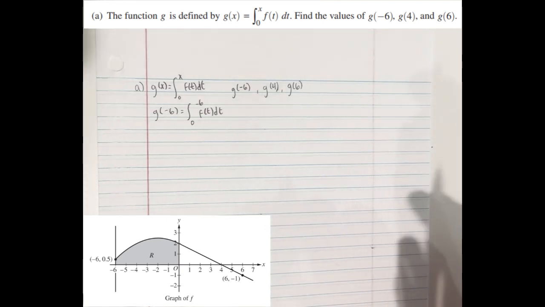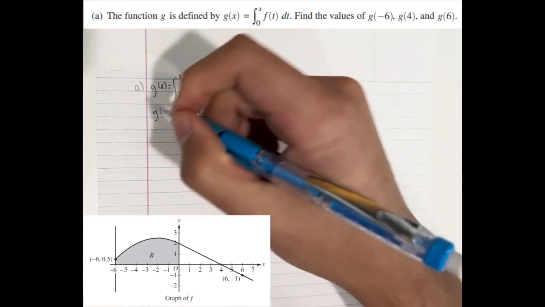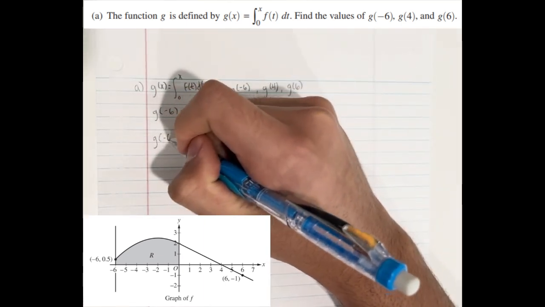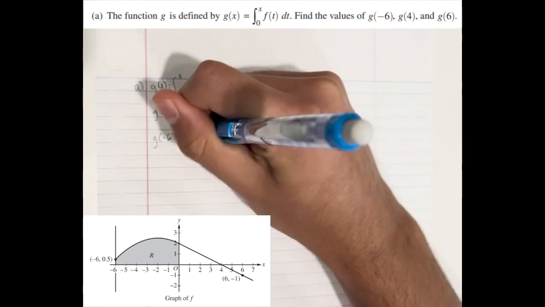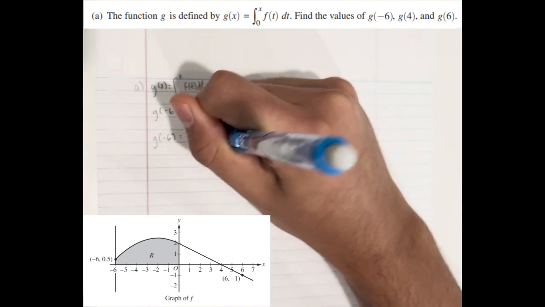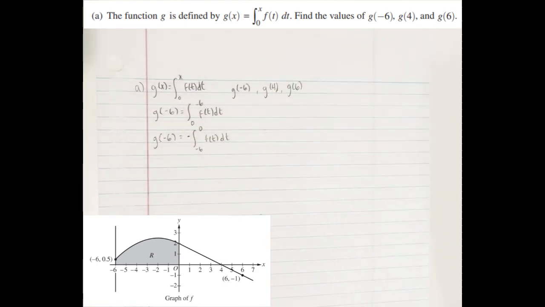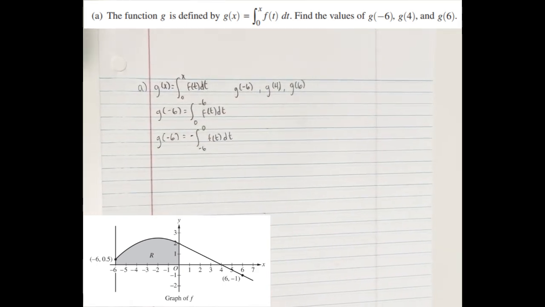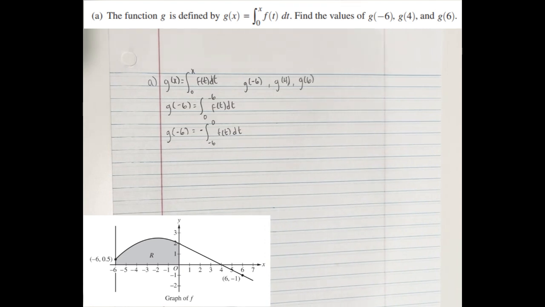Or, to make this a little easier, we can just flip the bounds. When you flip the bounds of an integral, you have to multiply the integral by -1, so you'd count the area negatively.